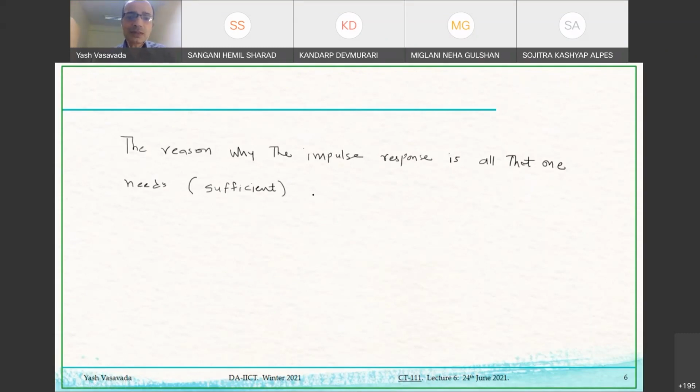So why the impulse response is sufficient to obtain the output y of n to any input x of n is as follows.